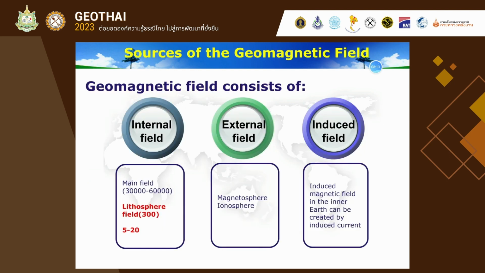As our object is the source field, but the value we measured includes all these parts, we have to remove the main field, external field, and induced field from our measured value, and we get the source field, just what we wish to.